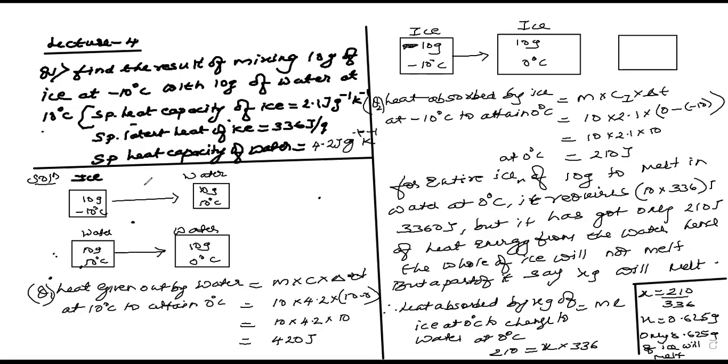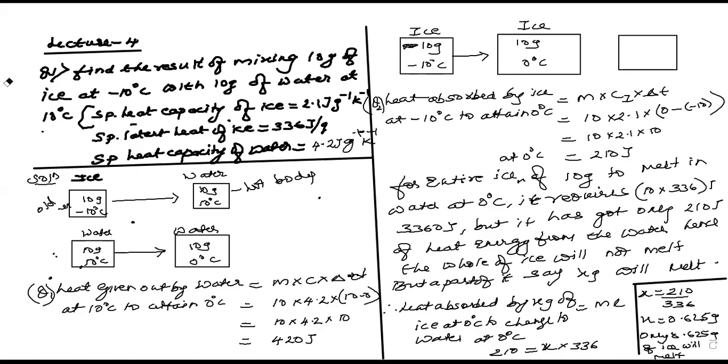So always remember, always look at the hot body. Among the two, which is the hot body, children? Water is the hot body. And which is the cold body? Cold body is ice. Once you've decided which is the hot body and cold body, then remember, it is easy.